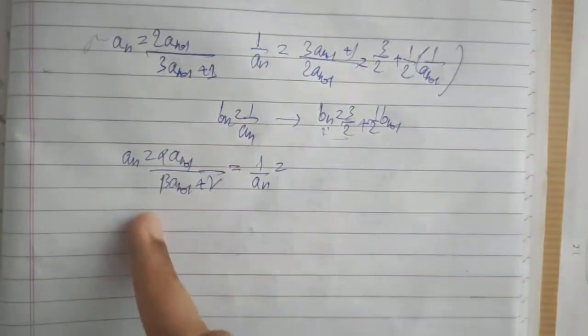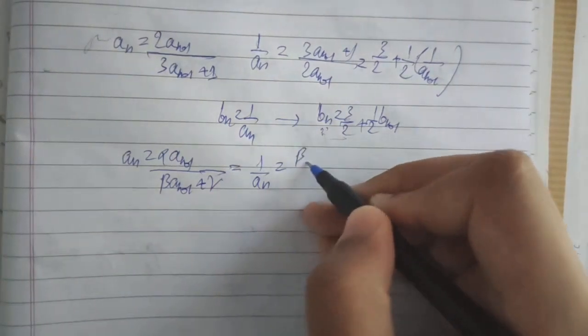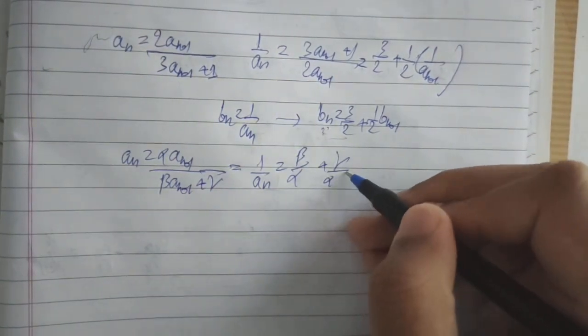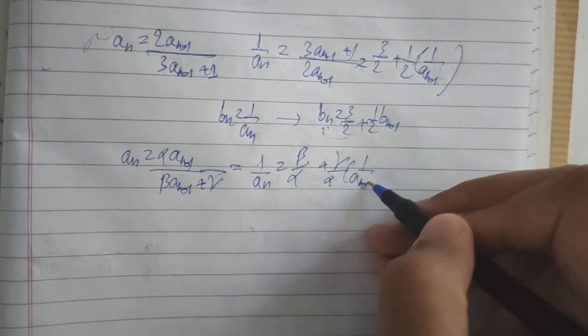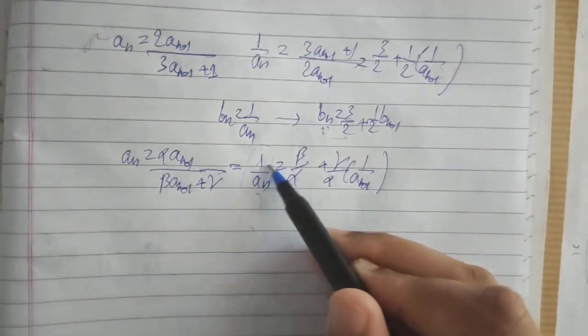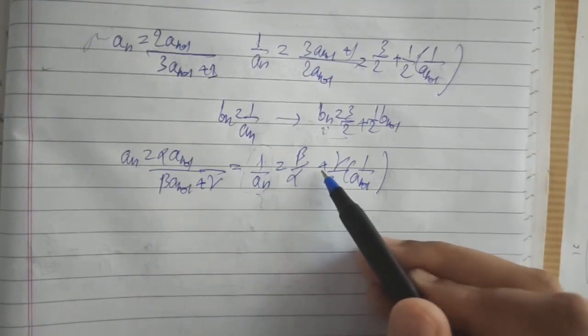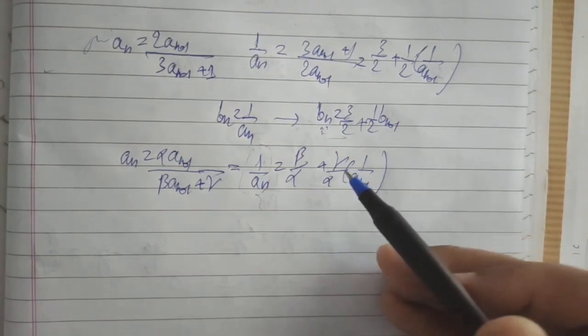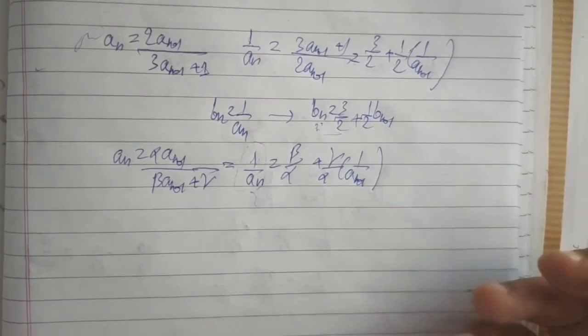So a(n minus 1) gets cancelled. You will be left with beta by alpha plus gamma over alpha into 1 upon a(n minus 1). Now you can see, if we define this as a new sequence, bn is equal to some constant plus gamma by alpha times this. So it is of the previous form.